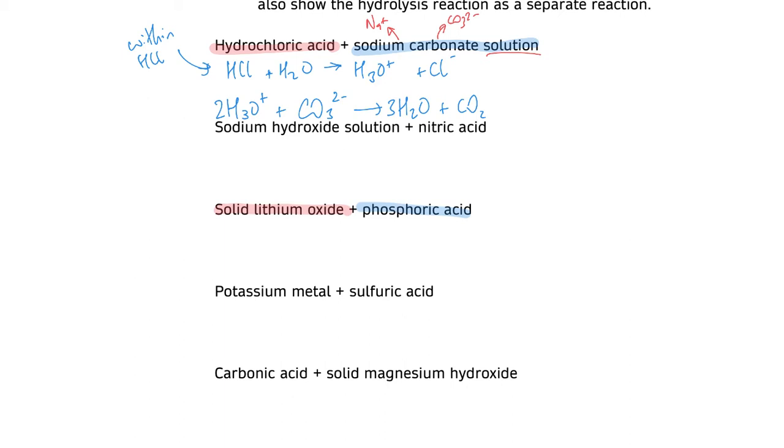So instead of splitting that up in a hydrolysis equation, but you still need to know how to do a hydrolysis equation of it, you would just show the H3PO4 as aqueous, and this would be part of your ionic equation. Solid lithium oxide, so because it's a solid, it stays together, so it's lithium oxide solid, right? It's a weak acid, so you've got to do the double arrows.